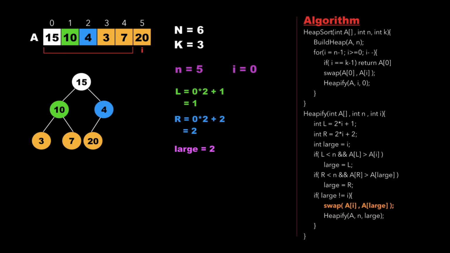And after swapping we call the heapify function with the value of I as large, that is the value of I will be 2.